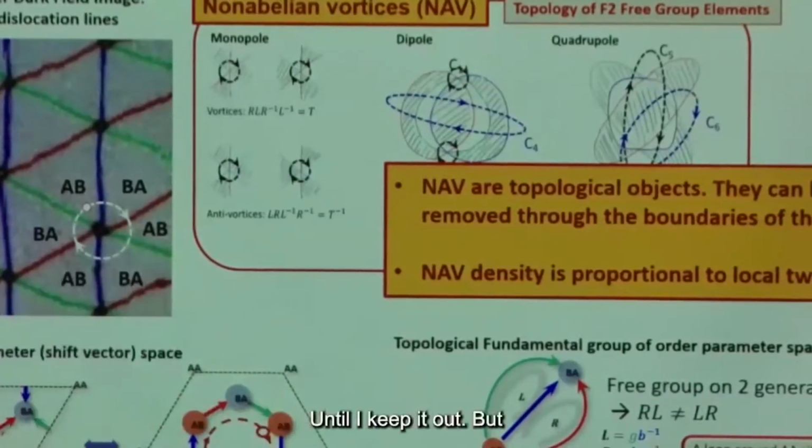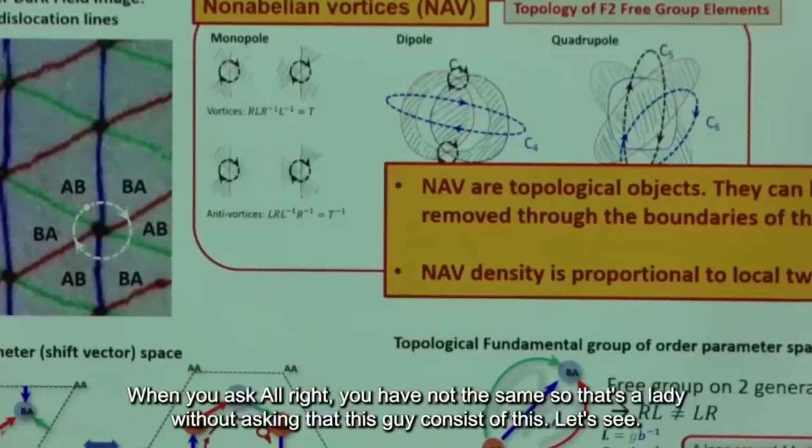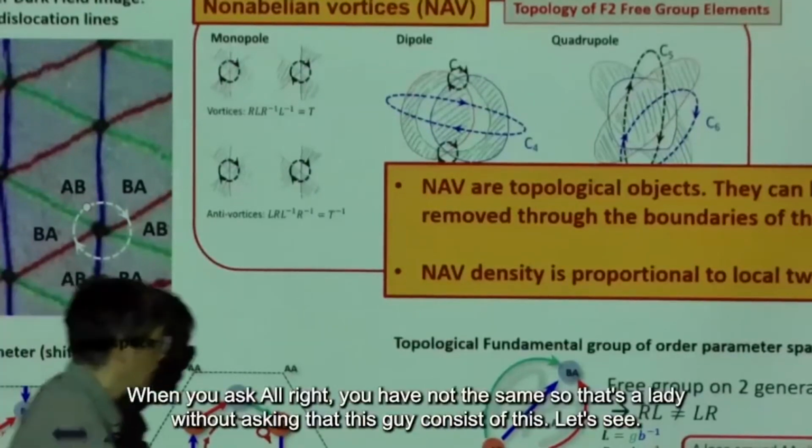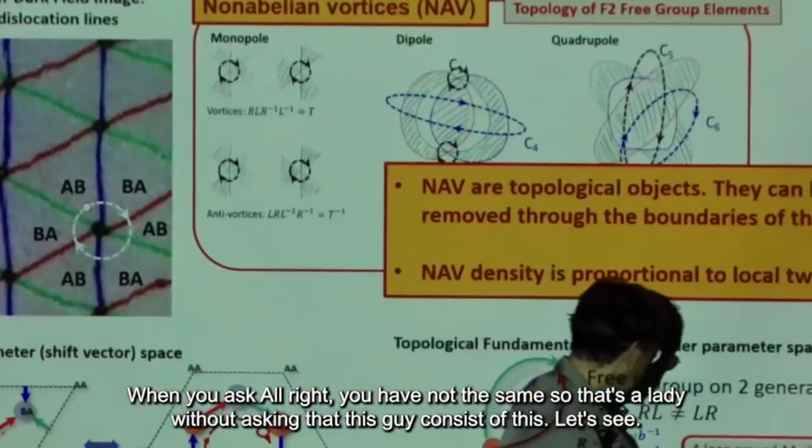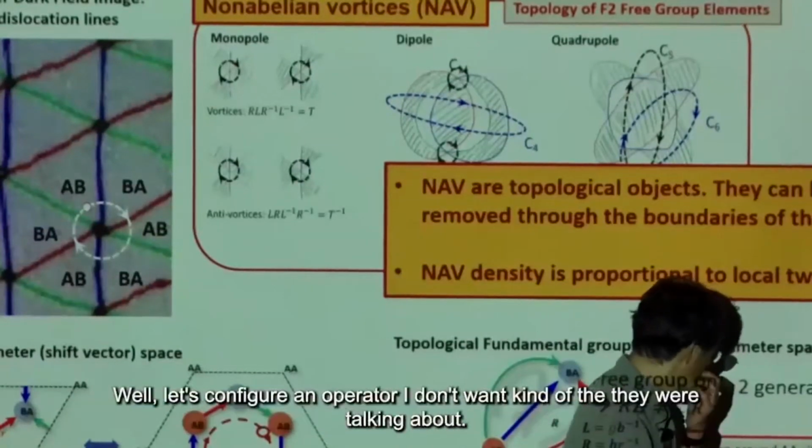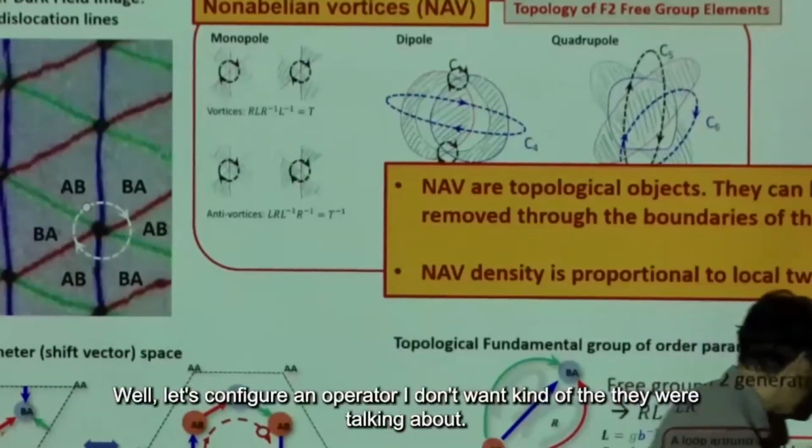I thought I figured it out, but then I got confused when you asked. So all L versus L, why are they not the same? That's related to what this guy consists of. Well, let's figure it out later anyway.